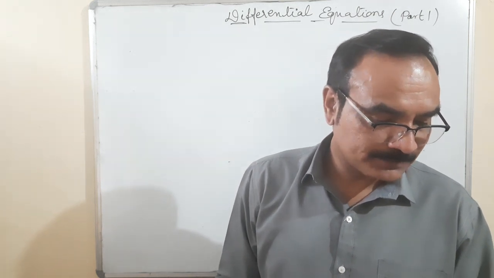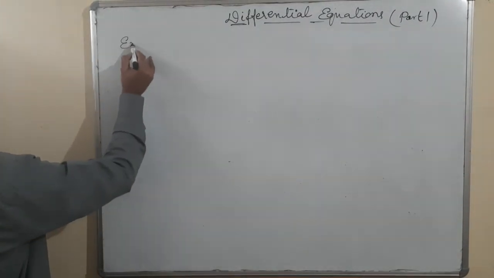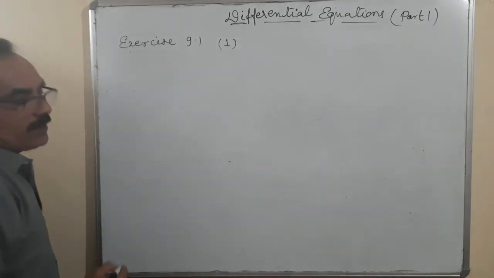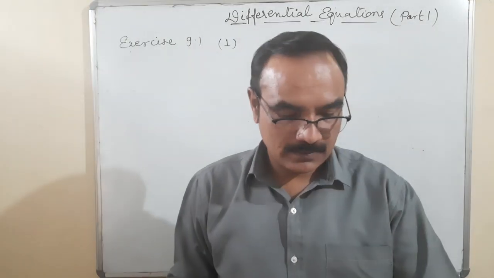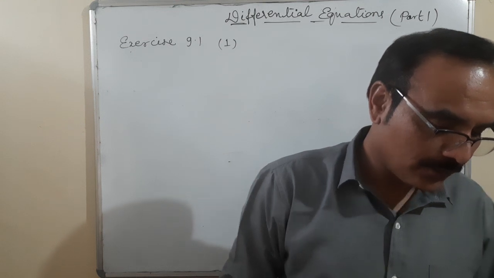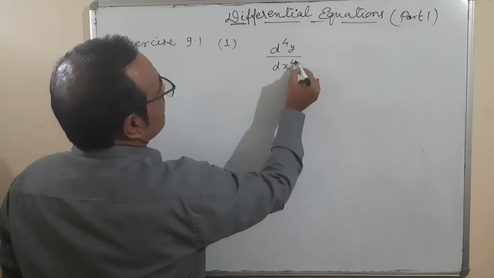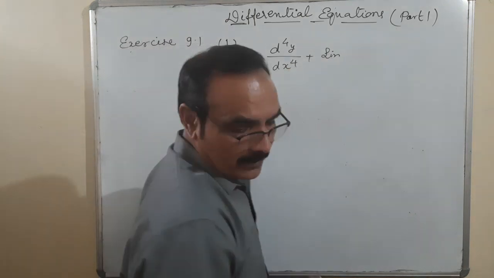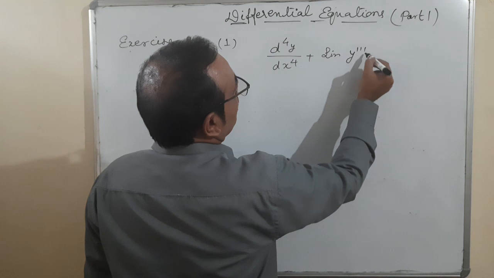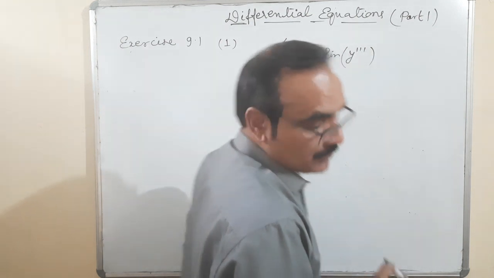Exercise 9.1. Question number 1: d to the power 4 y by dx to the power 4 plus sin of y triple dash, and you know the meaning of triple dash, d cube y by dx cube, is equal to 0.